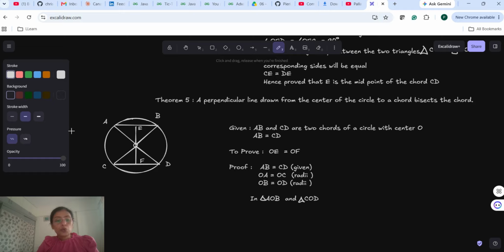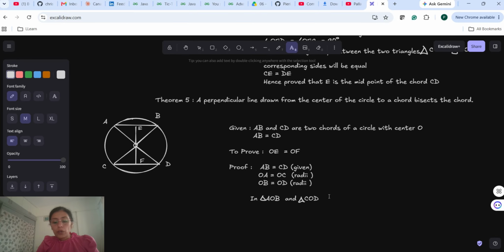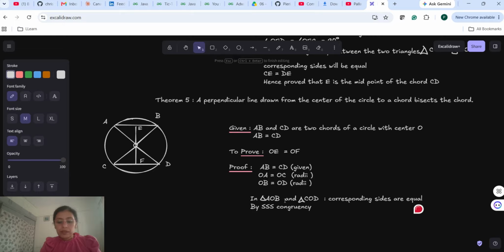So in these two triangles, AOB and COD, what is happening there? Corresponding sides are equal. All three corresponding sides are equal. So by SSS congruency, these two triangles are congruent.